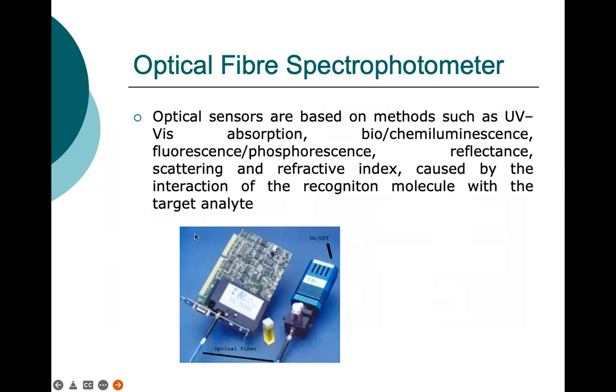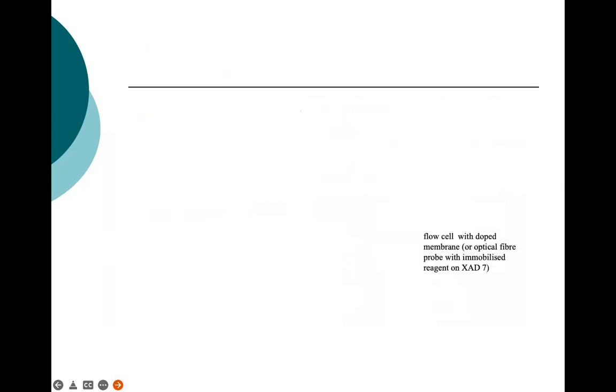Okay, so the most important part in development of chemical sensor or biosensor is miniaturization. Means you make things smaller. So we need to make things smaller.